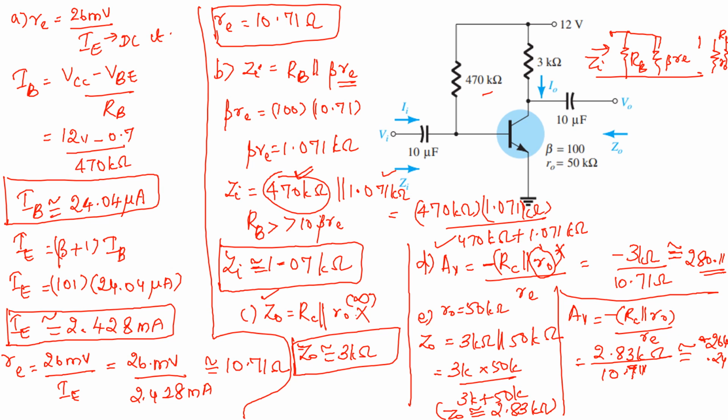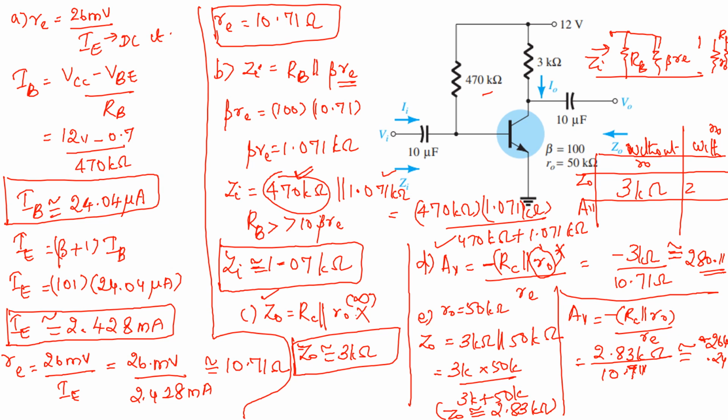So approximately it will be equal to minus 264.24. Okay. Now let me compare the values of Z0 and AV without R0 and with R0. Your output impedance Z0 is equal to 3 kilo ohm without R0, whereas with R0 your Z0 is equal to 2.83 kilo ohm.